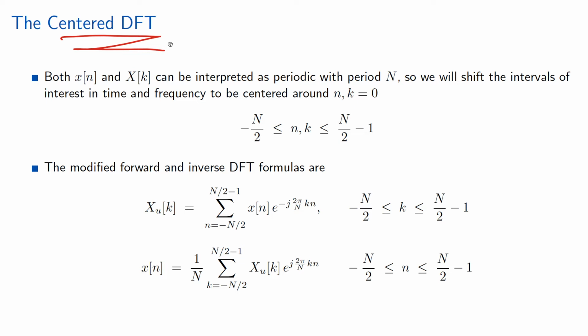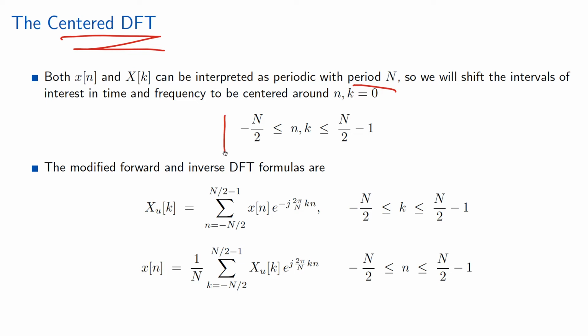And we just remember that since the DFT is interpretable as a periodic function with period N, we don't have to index X with k's that run from 0 to N minus 1.